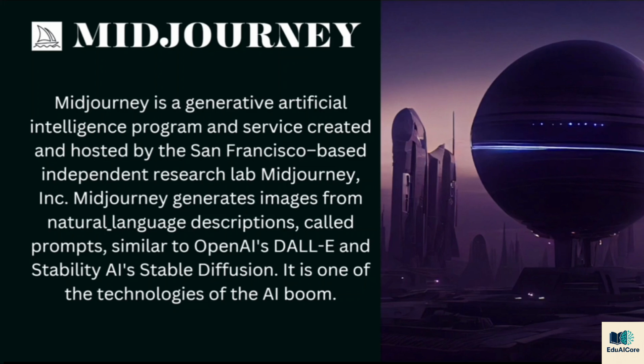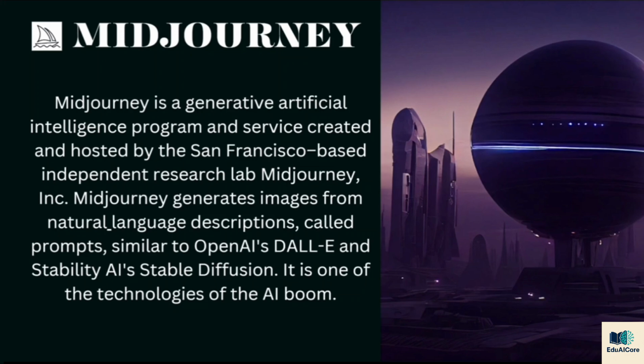We will talk about Stable Diffusion, and you have got an idea already. Stable Diffusion's parent company is Stability AI, and it also helps you to generate images. So it is one of the technologies of the AI boom. This is quite an amazing technology of AI generation.